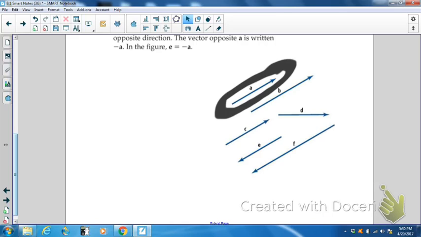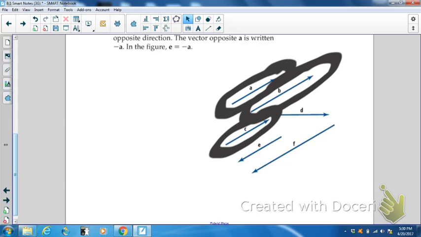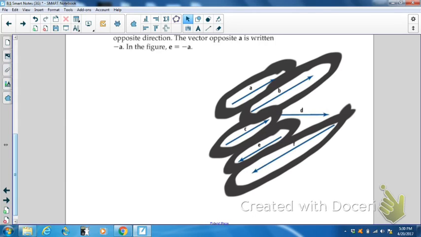So we're looking at maybe this one, we've got B, C is going the same direction, E looks like it's parallel, and F. So really everything but D, those would all be parallel to each other.